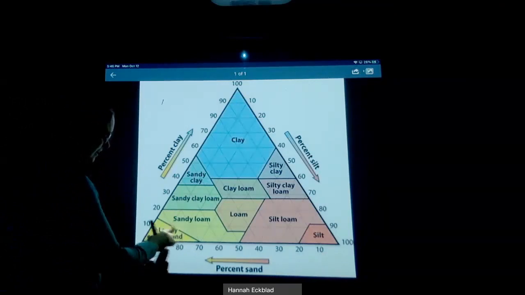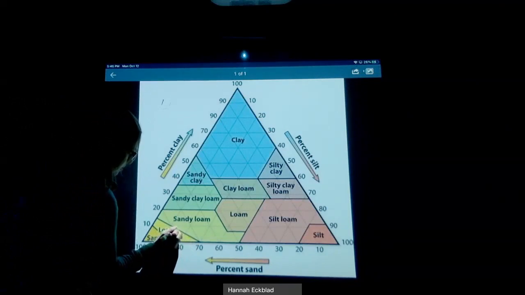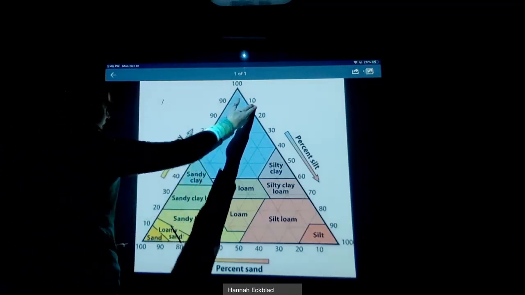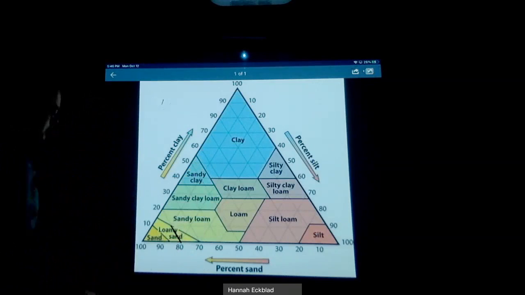It's a loamy sand, and I know it has 80% sand. That means it's going to be somewhere on this line right here. So then, what I'm going to find is my clay and my silt percentages. Now, it could be a handful of things on this line. It would just have to be two numbers that add up to 20.